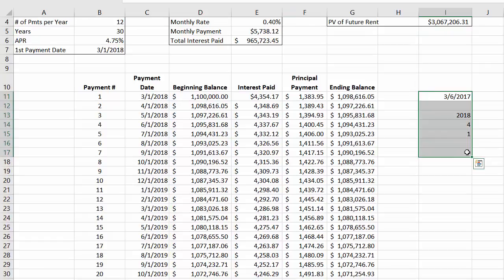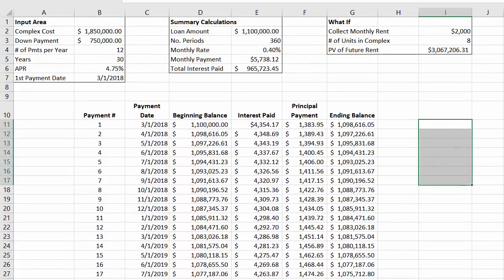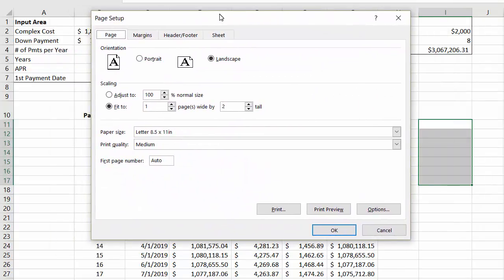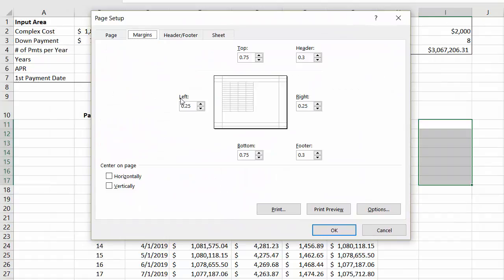And then it says set your margins and make sure that the report row repeats this row, row 10, on every sheet. So if I go up to the page layout, I can then go to my margins, set that at 0.5.